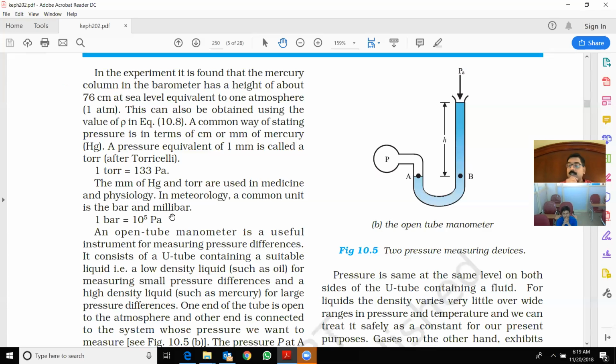Okay, so I had asked you, what is the unit of tire pressure? The air pressure that you see in vehicles' tires. What is the common unit? If you go to a petrol pump where you get air filled, they will ask you, how much? 30, 31, 33?